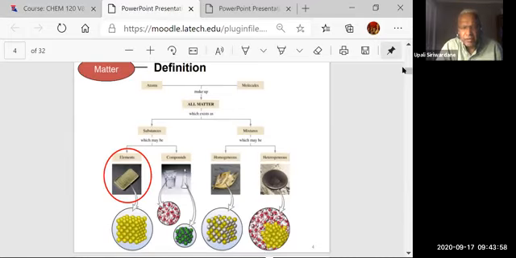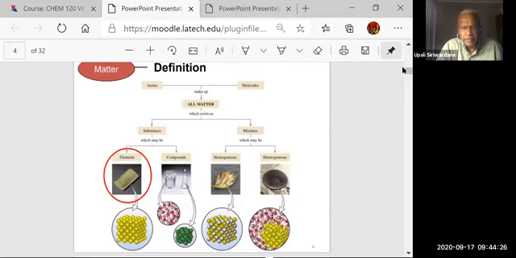Chemistry looks into things in terms of atoms and molecules. And all matter is composed of substances and mixtures. Substances are elements and compounds. They have a certain set of characteristic physical properties: melting point, boiling point, reactivity, and things like that.